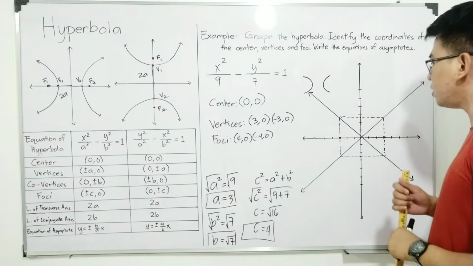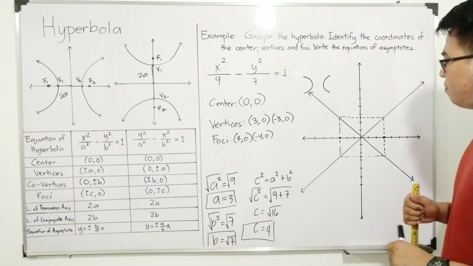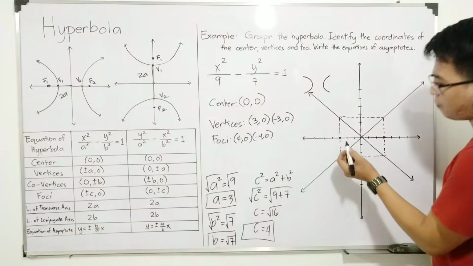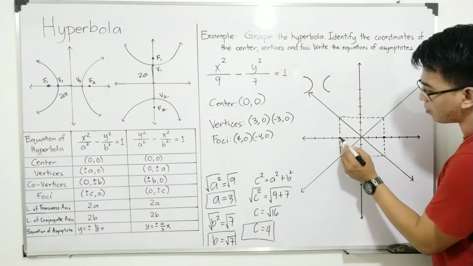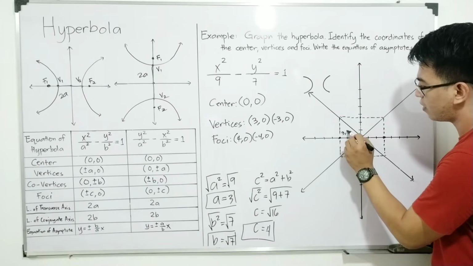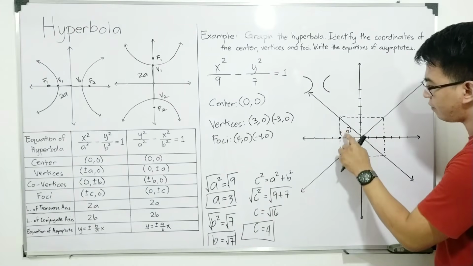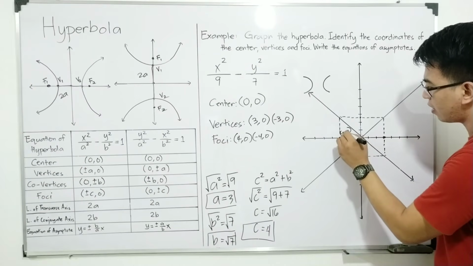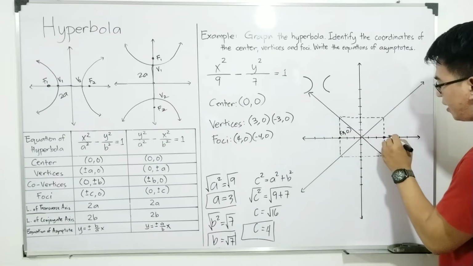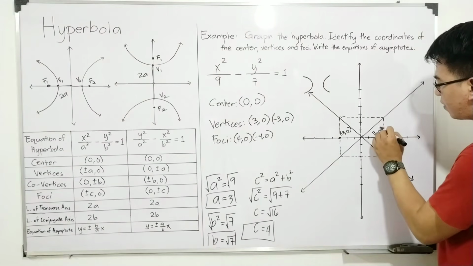Now, continue natin. Etong point na to, this is our vertex number 1. So, this is 3, 0. Ito naman, this is negative 3, 0. And this is positive 3, 0.